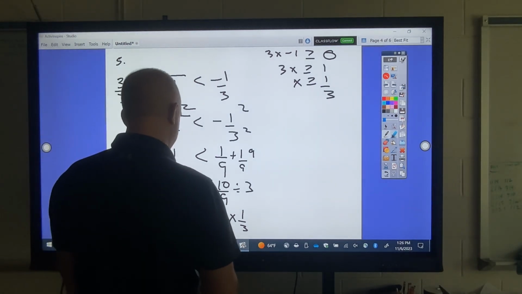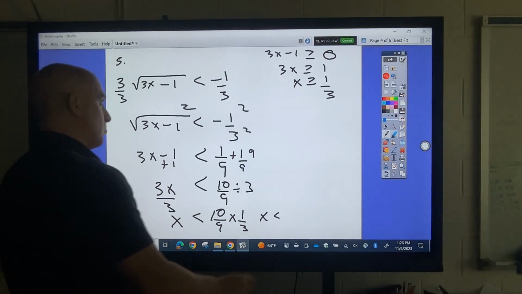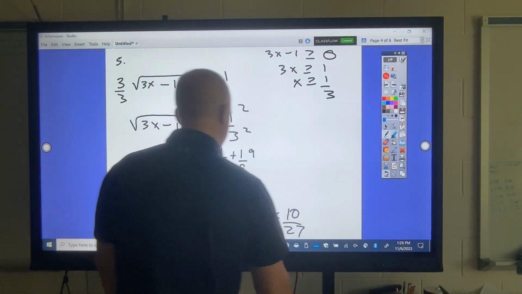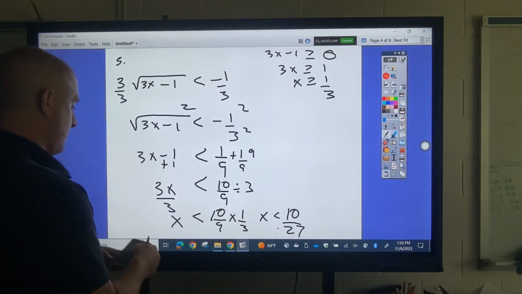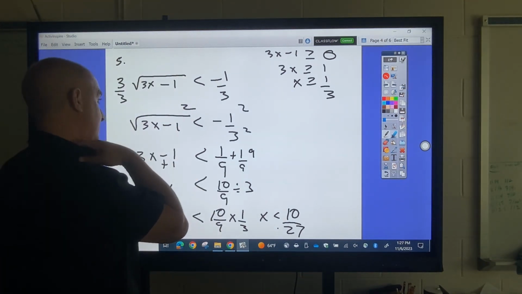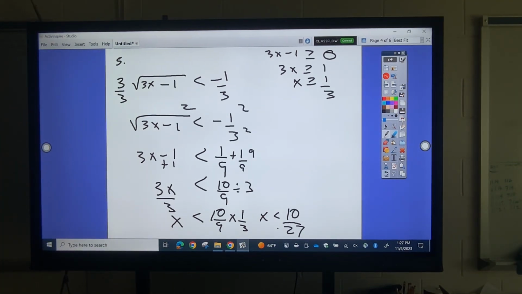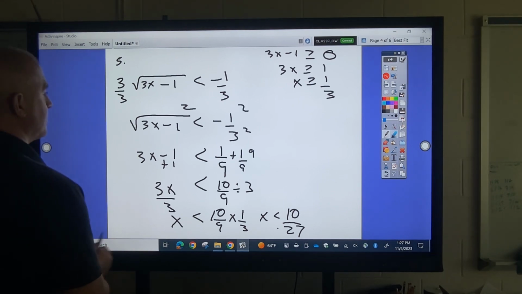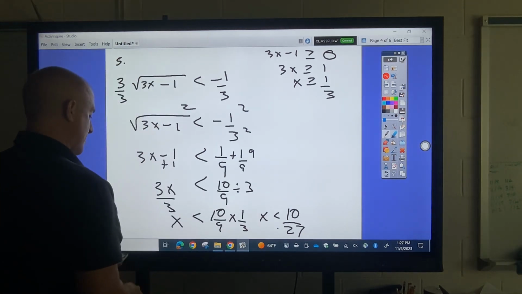So that's going to be x is less than 10/27. Okay, so if you look at what 10/27 is as a decimal. 10 divided by 27 is... 1/3. 1/3. Okay, 1/9. That 9, 10/9, 10/27.